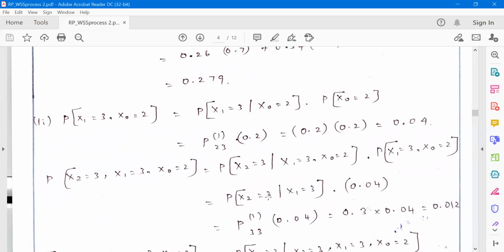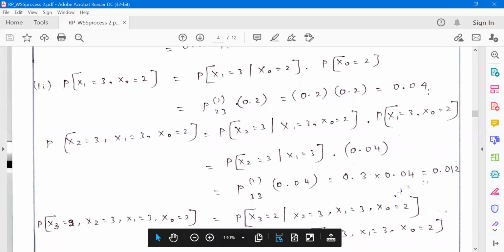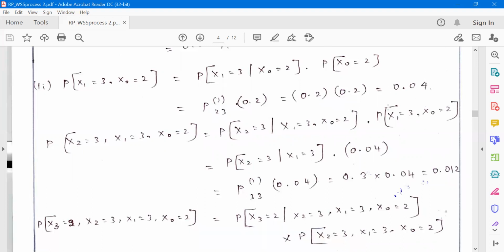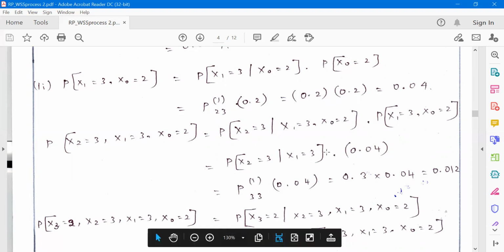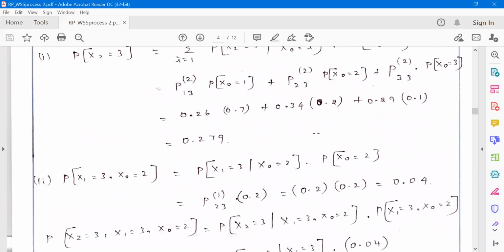So I am considering only X2 and X1, and neglecting X0. So I get P of X2 equal to 3 given X1 equal to 3, into this value we have already found, 0.04. I am substituting here. This is a one-step transition because here it is X2 given X1, so 2 minus 1 is one step. So we consider the value from P, third row, third element, and the third row, third element value is 0.3.